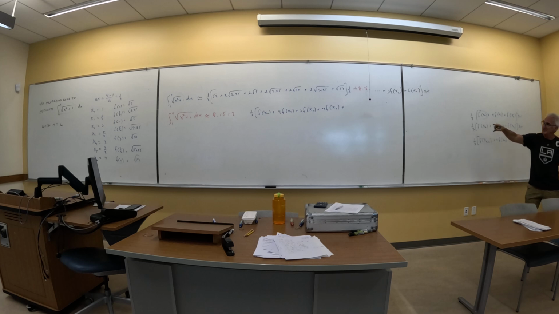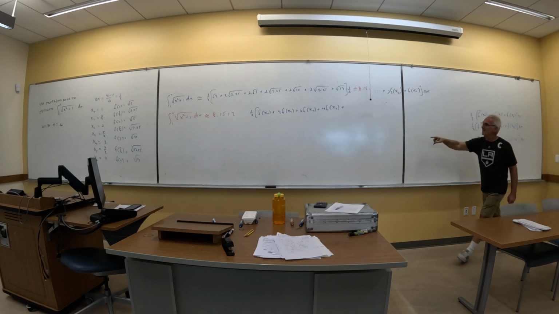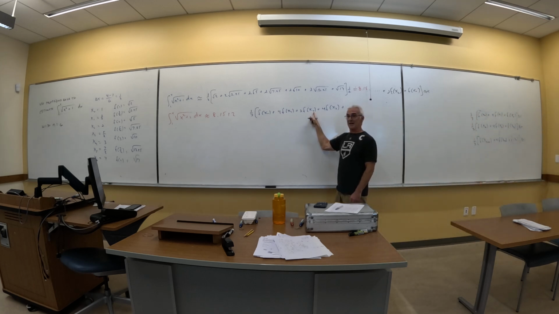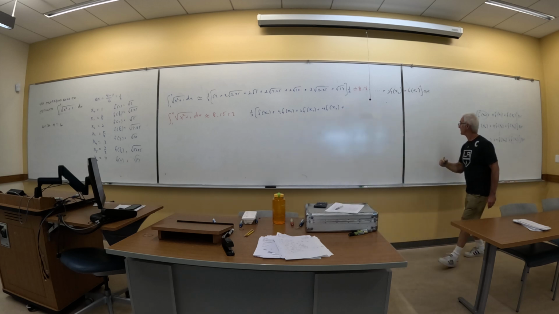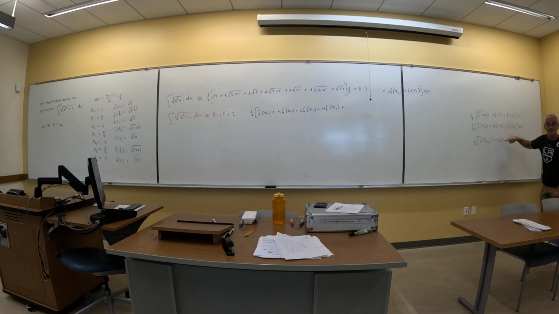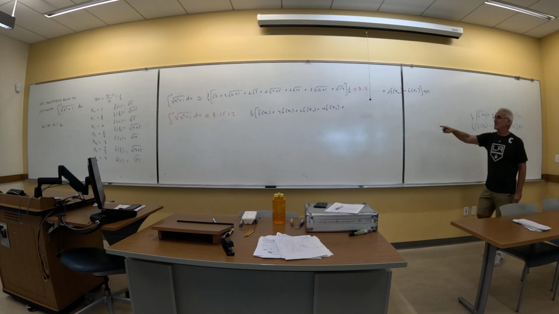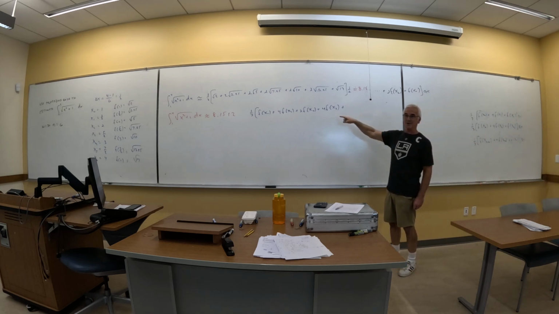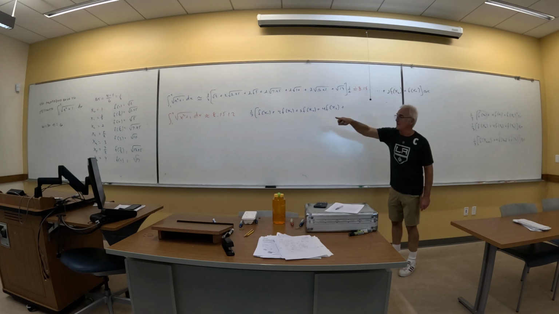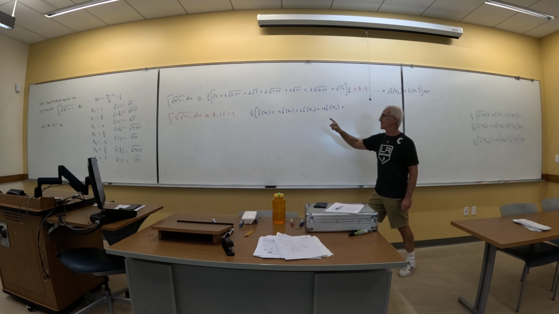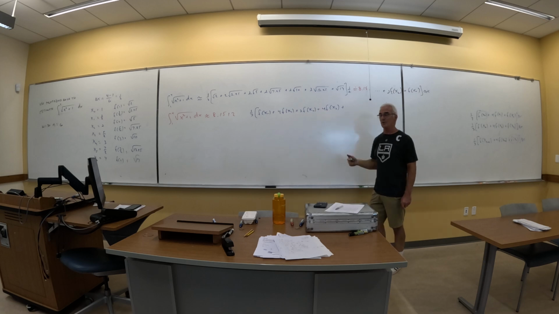Do you notice anything about the even? Evens are going to happen 2 times, but the odd ones are going to happen 4 times. I said n had to be an even number, so n minus 1 would be an odd number. So I'm going to have an alternating pattern here, aren't I? Where that was 1 and then all 2s and then 1, this is going to go 1, 4, 2, 4, 2, 4, 2, 4, 2.